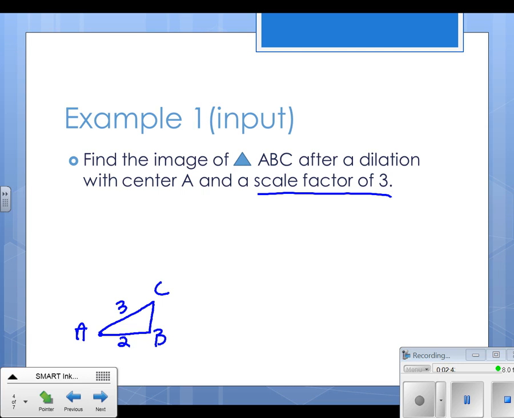So if I'm going to enlarge from center A, and if I'm enlarging A to C is 3, I'm going to go another 3 to double the size, and about another 3 to triple the size. So this is an estimate of taking that side and tripling it.